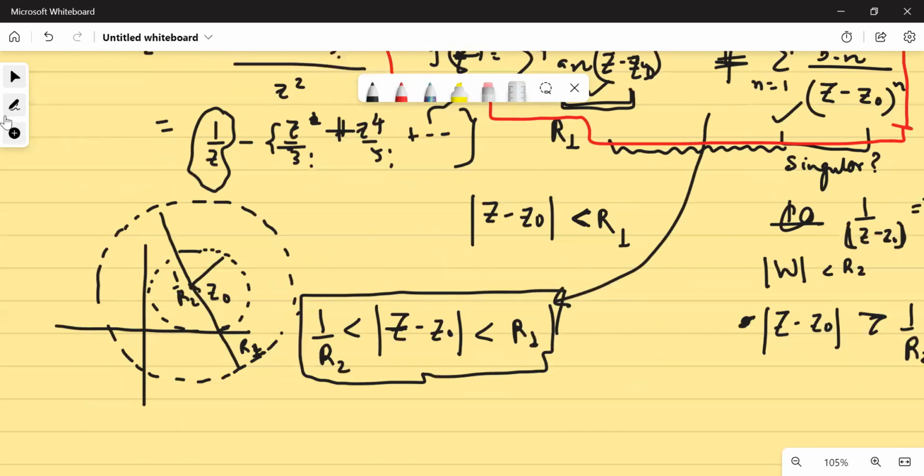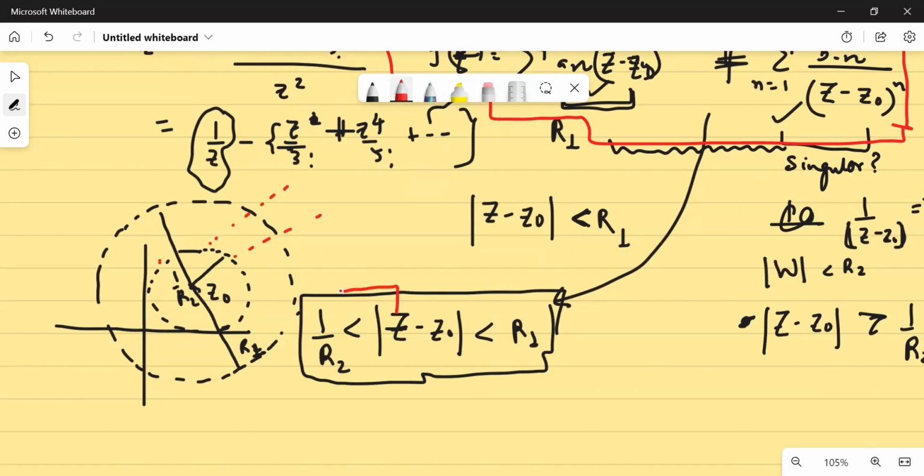In this region. What is this region? I told you on the very first day to read it in the modulus fashion and also in the distance manner. What does mod z minus z naught mean? It means the distance of the complex number from z naught. So it says that the distance of the complex number from z naught should be greater than 1 upon R2. So it should lie outside this circle.